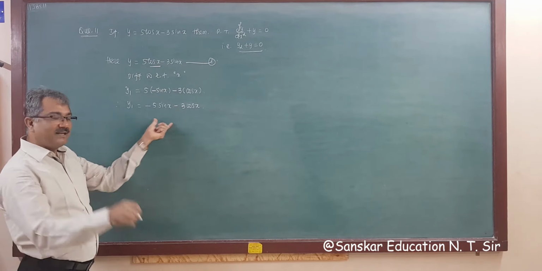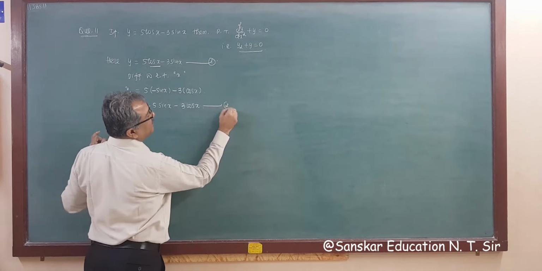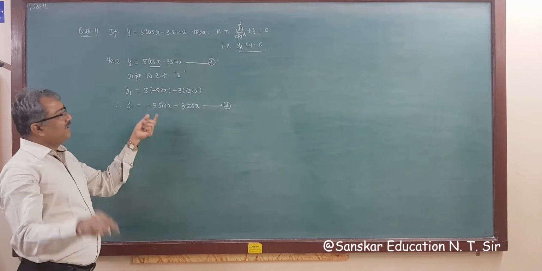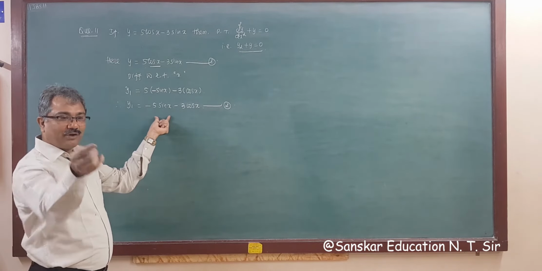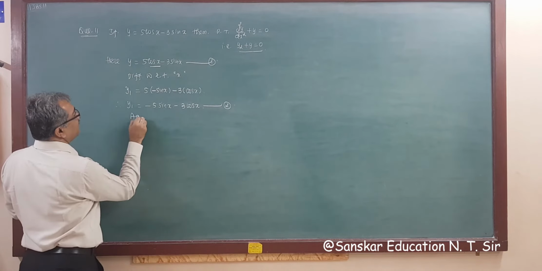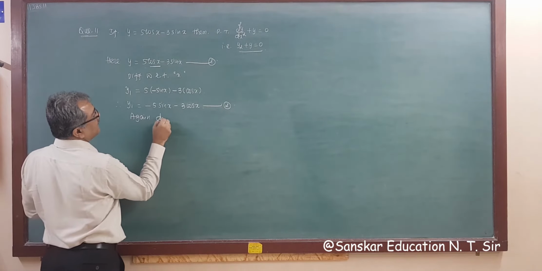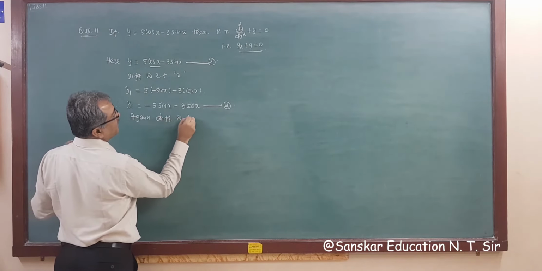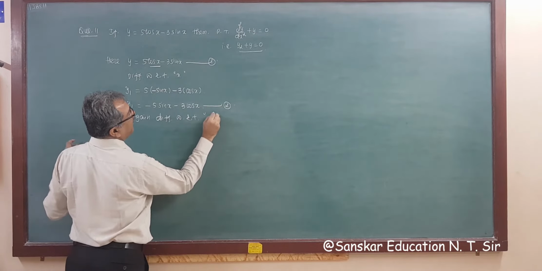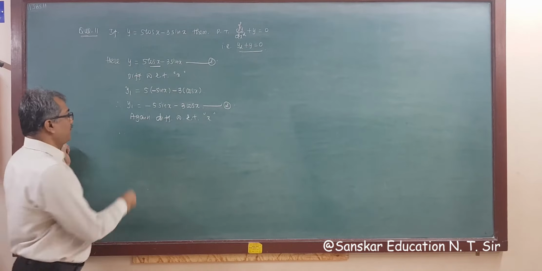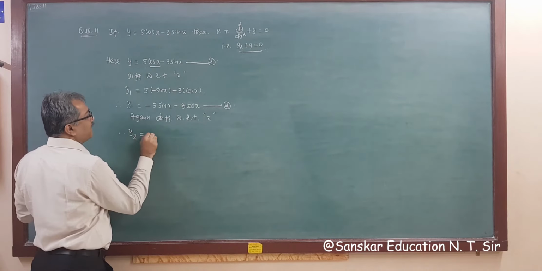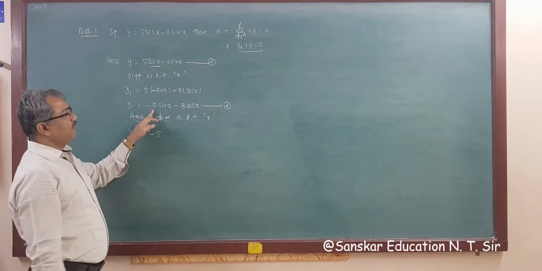So again differentiating. Before differentiating, the last step is your result number 1, 2, 3, whatever. So again differentiating with respect to x, derivative of y1 is y2 is equal to minus 5, similarly constant.